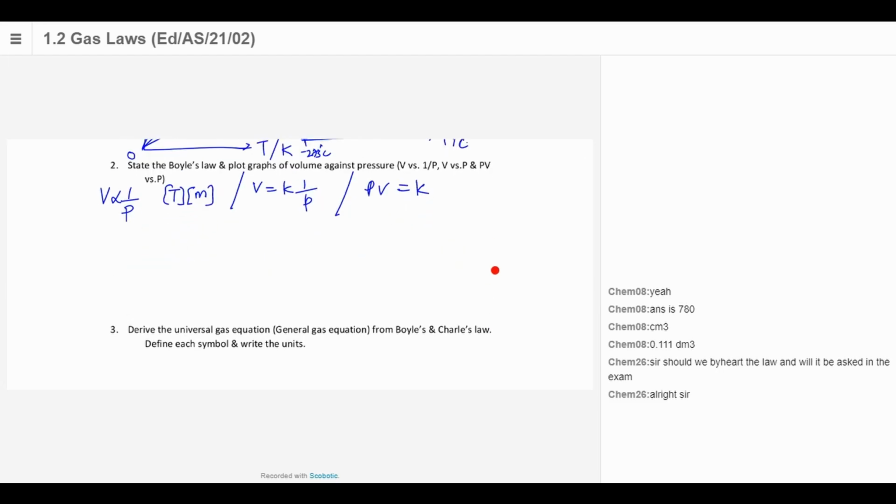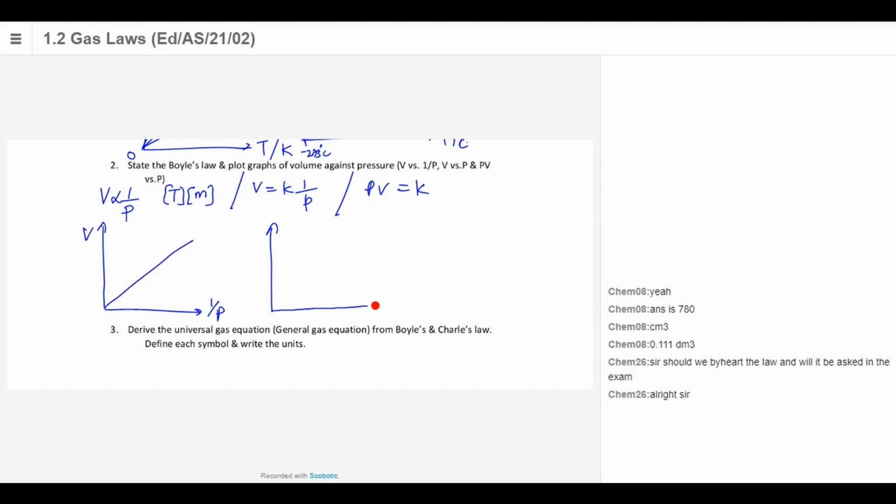When you plot a graph of V versus 1 upon P, the independent variable is 1 upon P, because the independent variable is the variable being manipulated. That's always the x-axis. The y-axis is the dependent variable, the observed effect of the independent variable being manipulated. So you get a straight line because it's directly proportional.